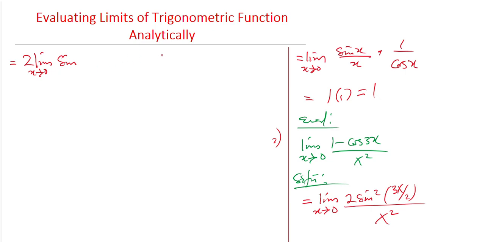Remember that sine square 3x over 2 means sine 3x over 2 multiply sine 3x over 2. So we can rewrite that to have sine 3x over 2 all over x, everything squared.